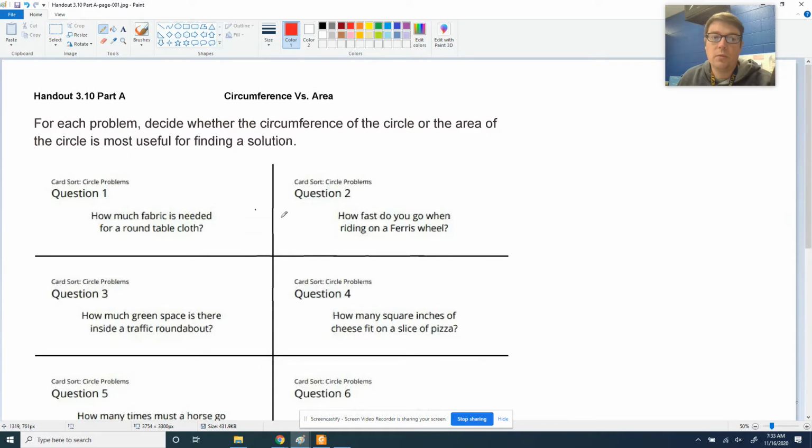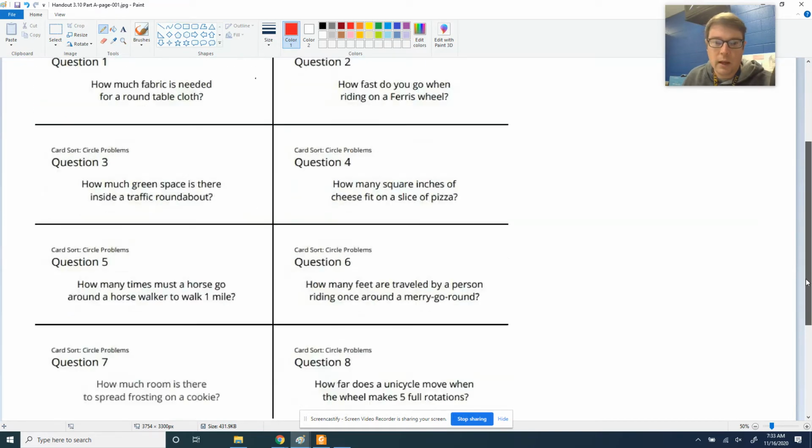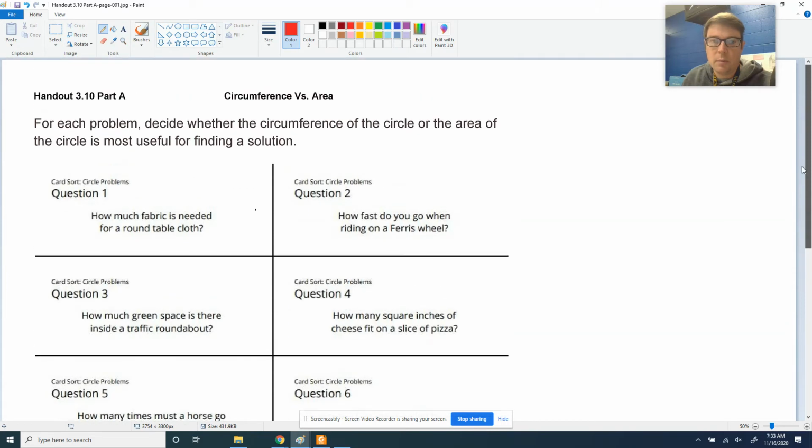For each one of these problems here, this was a card sort that we would normally do in class, and you and a partner would put them into two categories: finding circumference or finding area, most useful to finding the solution. So I'm going to read them all, show off some keywords to help you know, and then we'll do a problem at the end, and that'll be it for today's video.